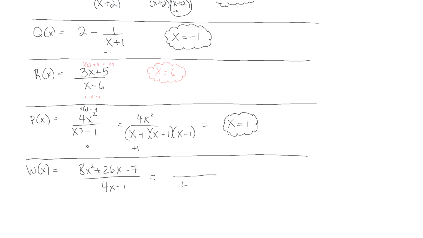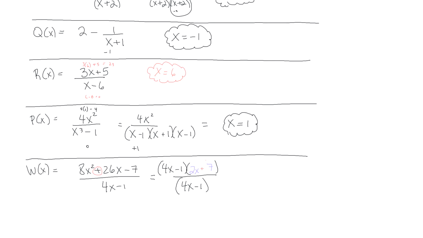Because I have 4x minus 1 on the bottom, I'm going to hope and pray that that's one of the factors on the top, why they have these ridiculous numbers. So 1 times 7 is going to give me the 7. I have 8x squared, 4x, so I have 2x left. I need my middle term to be positive, so I want the larger of the factors, the 4x and the 7, to be positive.